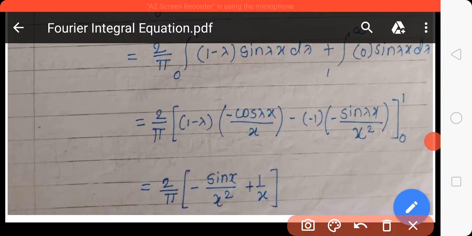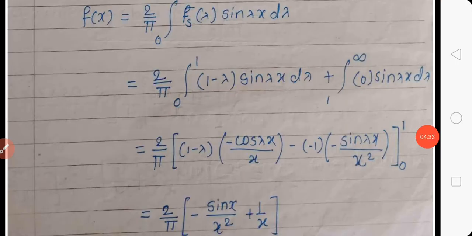First we take 2 upon pi as constant, then we find the value of the integration from 0 to 1 of 1 minus lambda sin lambda x d lambda. For this we use the formula.